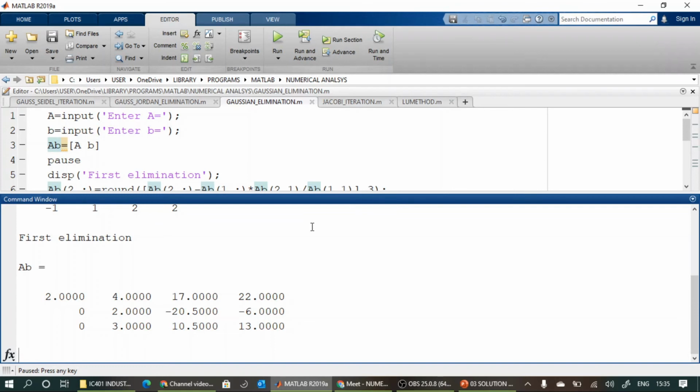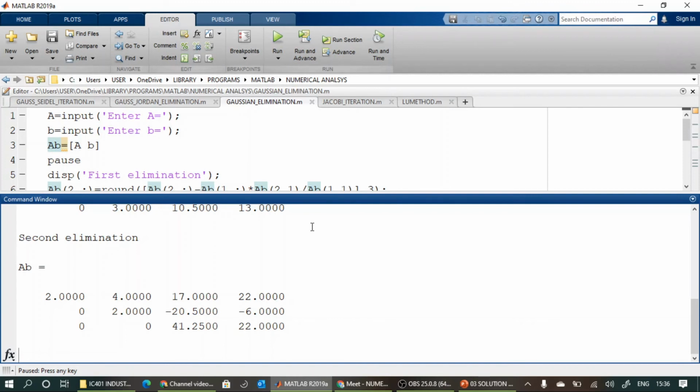This is the augmented matrix after first elimination. Now after second elimination, the augmented matrix is 2, 4, 17, 22, 0, 2, minus 20.5, minus 6, 0, 0, 41.25, 22. So 2 eliminations are sufficient.